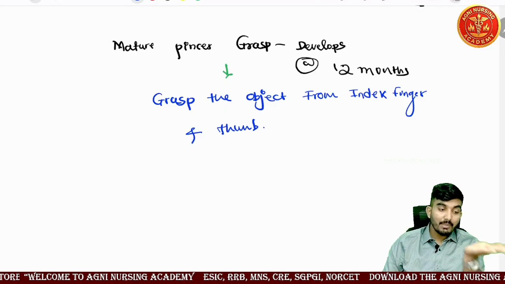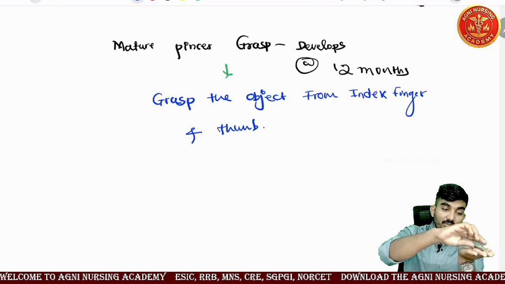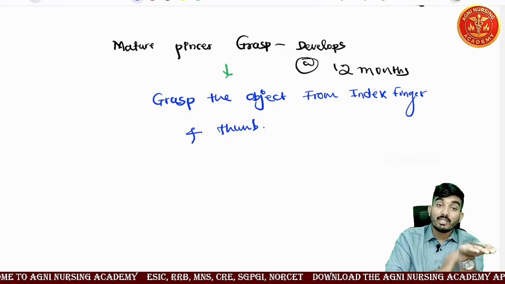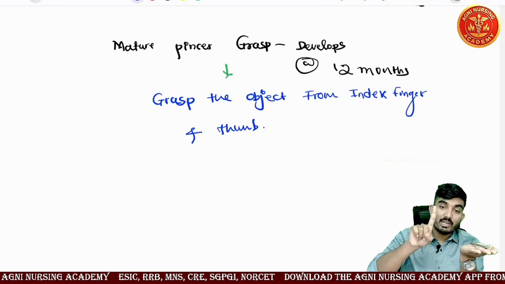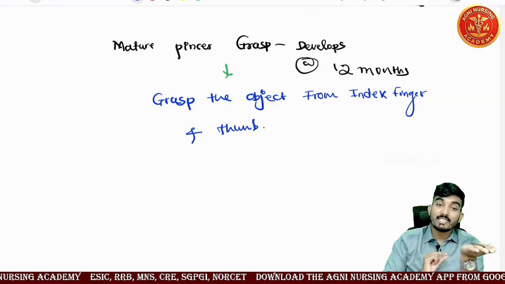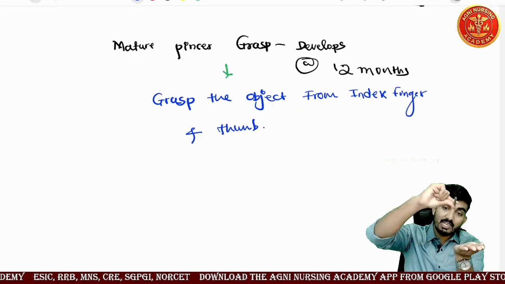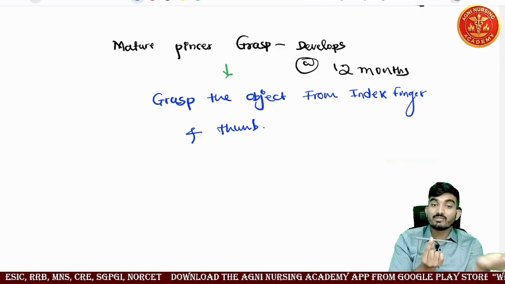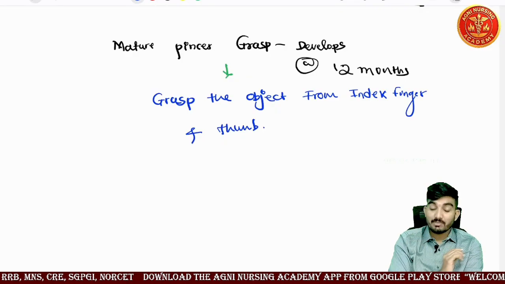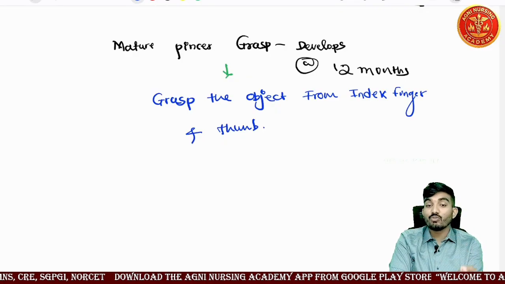If we keep an object on the surface, the child will directly grasp the object with the thumb and the index finger. This we call the mature pincer grasp reflex. It develops at the age of 12 months.